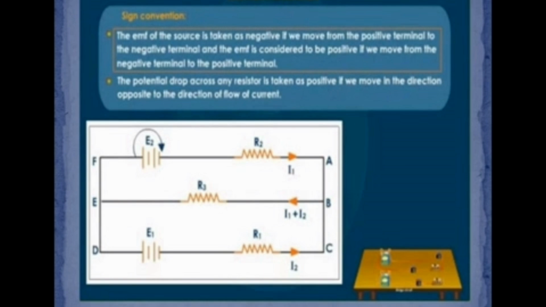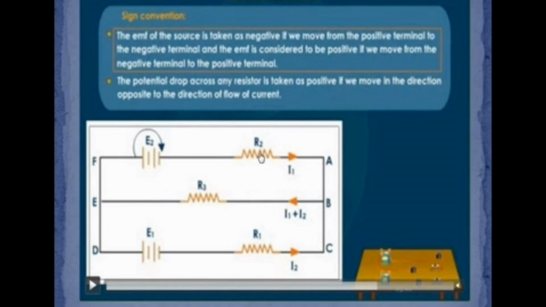So if we take a circuit and multiply the current and the resistance, that value is equal to the EMF of the circuit. Here, R2 is a resistance, I1 is a current, R3 is a resistance, I1 plus I2 is a current. Multiply these values and you get a value equal to the EMF E2, because it is in the clockwise direction.